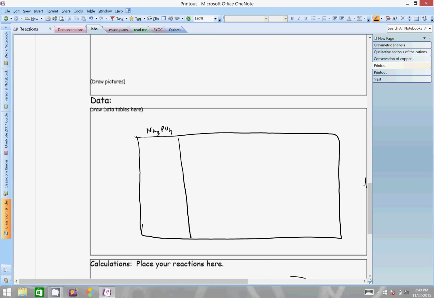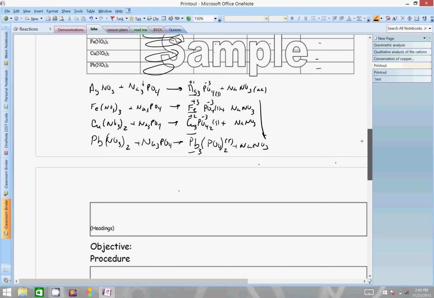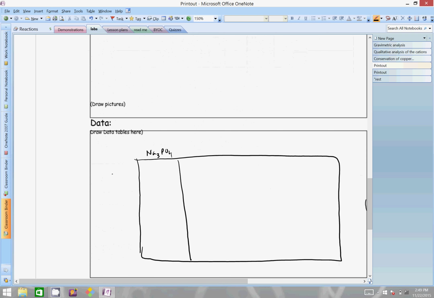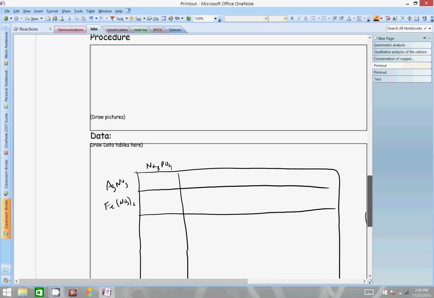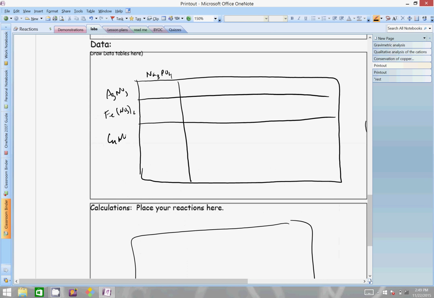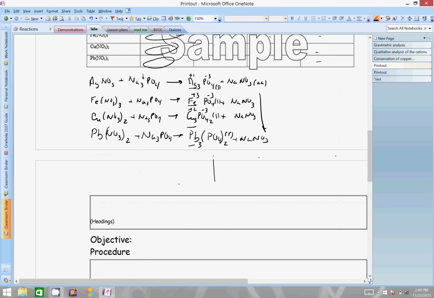Then my other solutions are AgNO3, FeNO3, and then the other ones are copper nitrate, Cu(NO3)2, and lead nitrate, Pb(NO3)2.